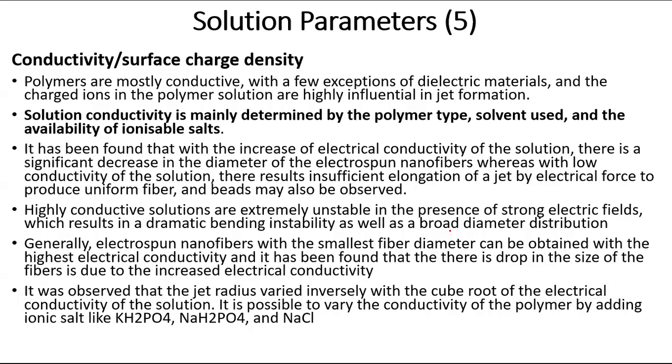In general, electrospun nanofibers with the smallest fiber diameter can be obtained with the highest electrical conductivity. If you have high electrical conductivity in your polymer solution, it will reduce the fiber diameter.